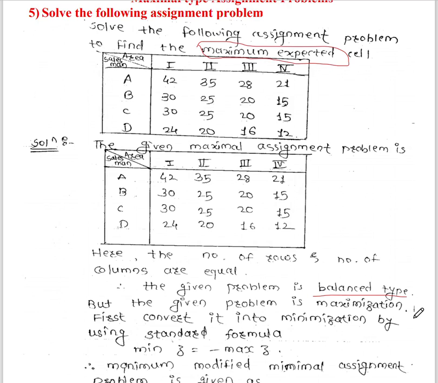But this problem is in the form of maximization, so first we have to convert this problem into the form of minimization by using the usual standard formula, that is, minimum z equals minus maximum z.